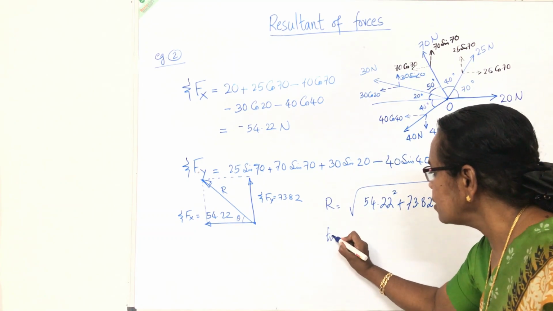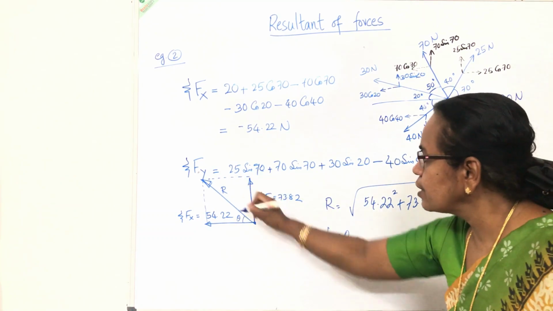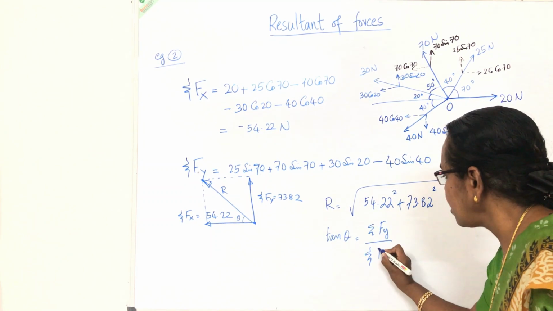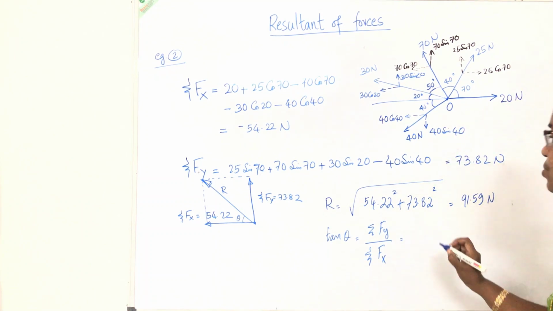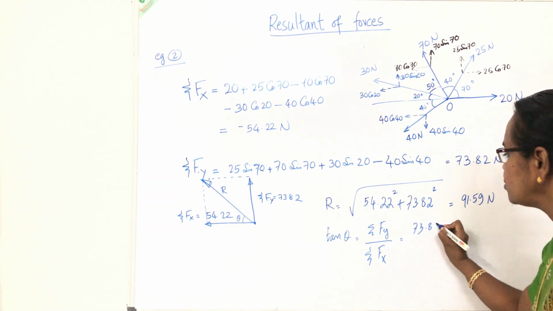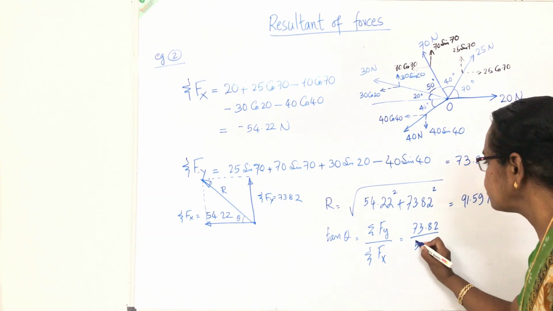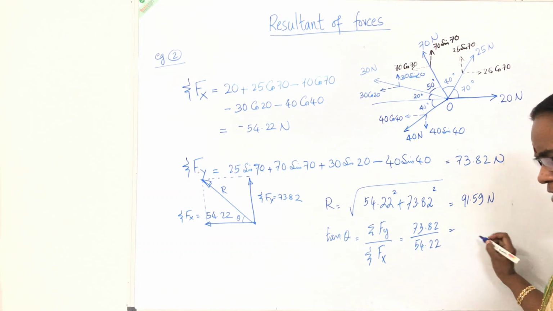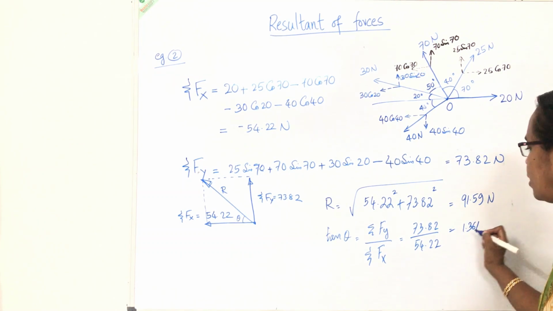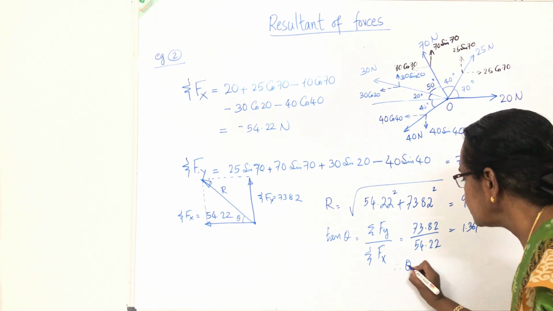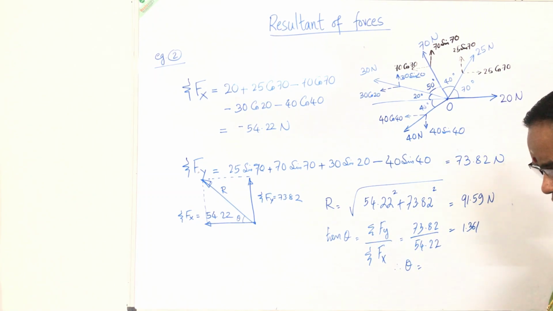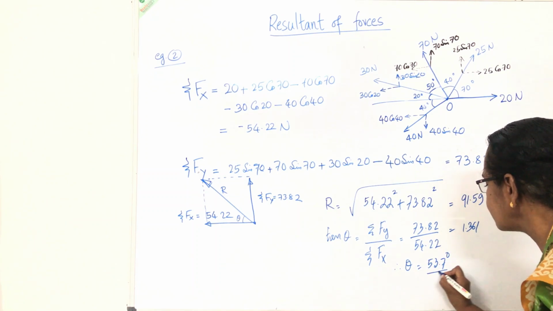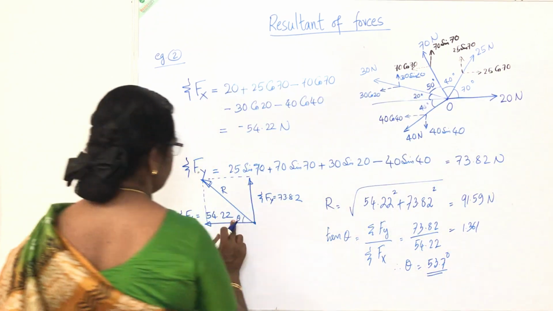Now regarding the angle, this theta is the angle the resultant makes with the Fx direction. So tan theta is equal to sigma Fy divided by sigma Fx, which is 73.82 divided by 54.22, giving 1.361. Therefore, theta is equal to tan inverse 1.361, which is 53.7 degrees.